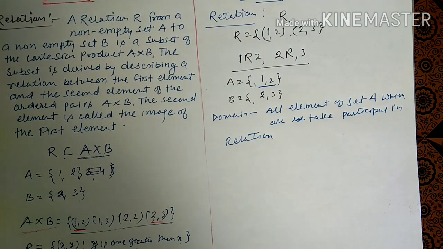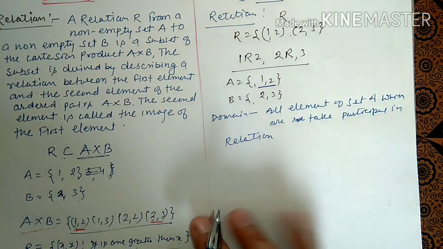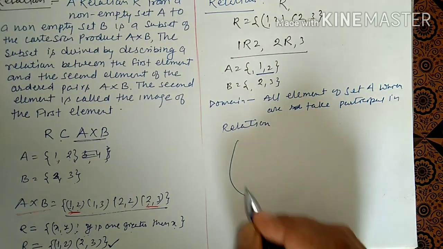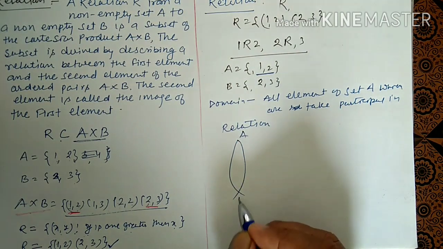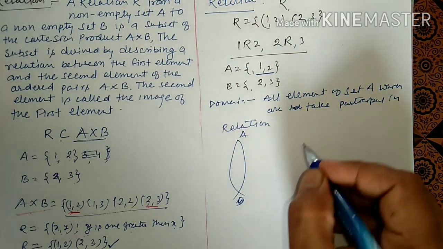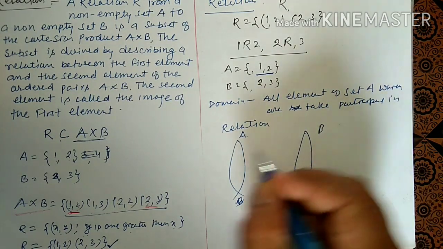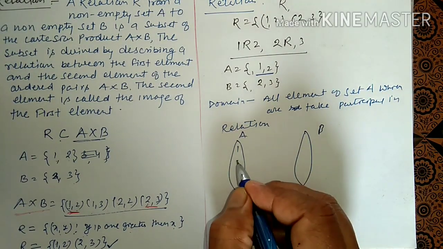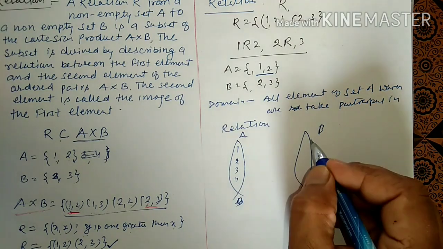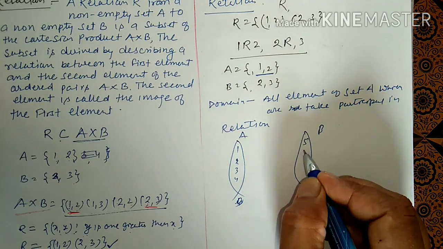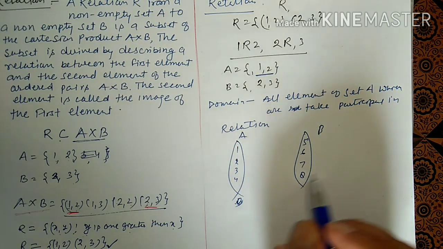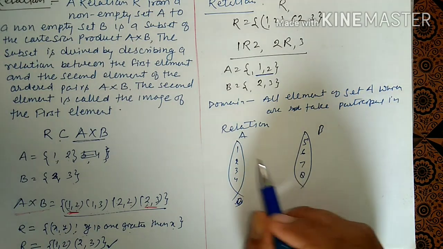Clear? For example, we have set A and this is set B. A contains 1, 2, 3, 4 and B contains 5, 6, 7, 8. Clear?